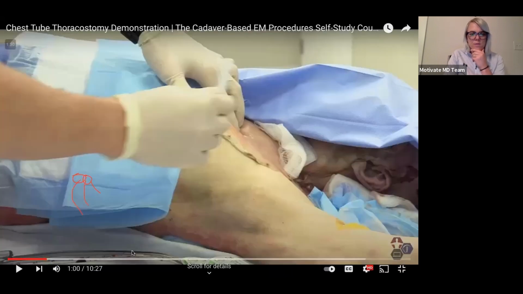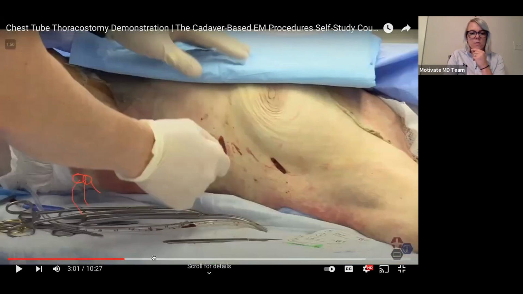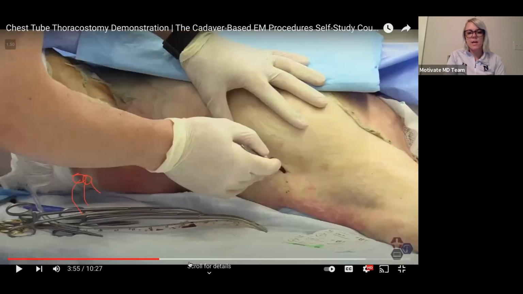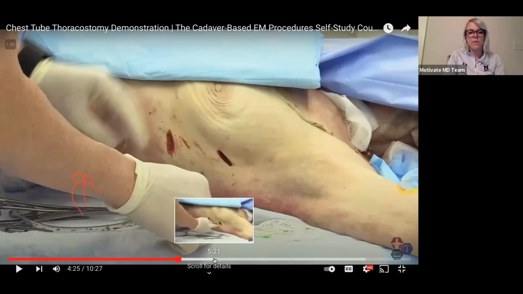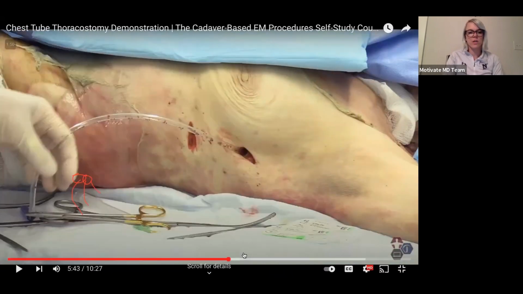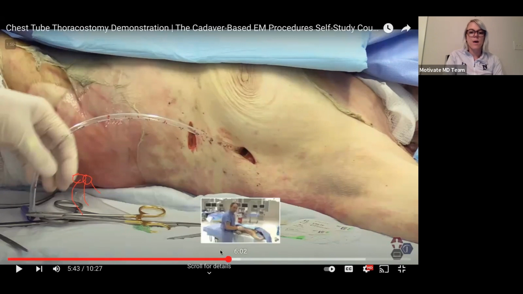Let me get to where he's putting in this tube, and you guys can go and watch this. He's making this insertion here, and he's going to go in with these clamps and penetrate the pleura. Okay, that's what he's doing with these Kelly clamps here. He's going in, penetrating the pleura, sticking in that chest tube, and you'll often hear some air, and you'll get some drawback of fluid.